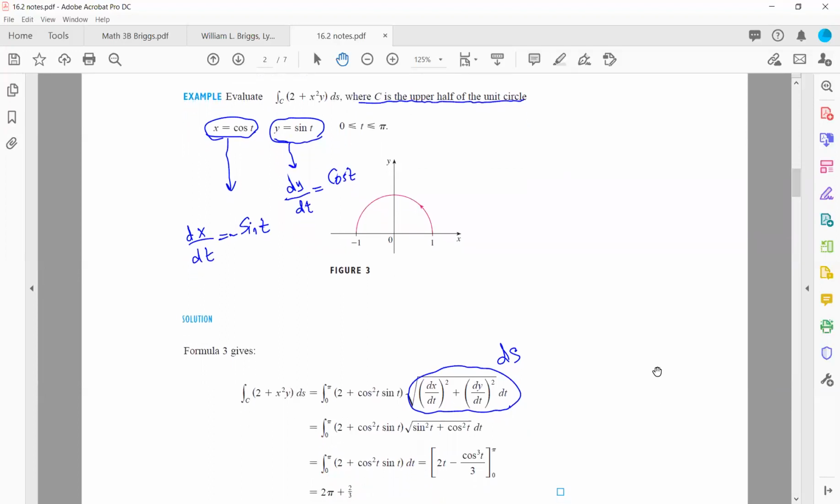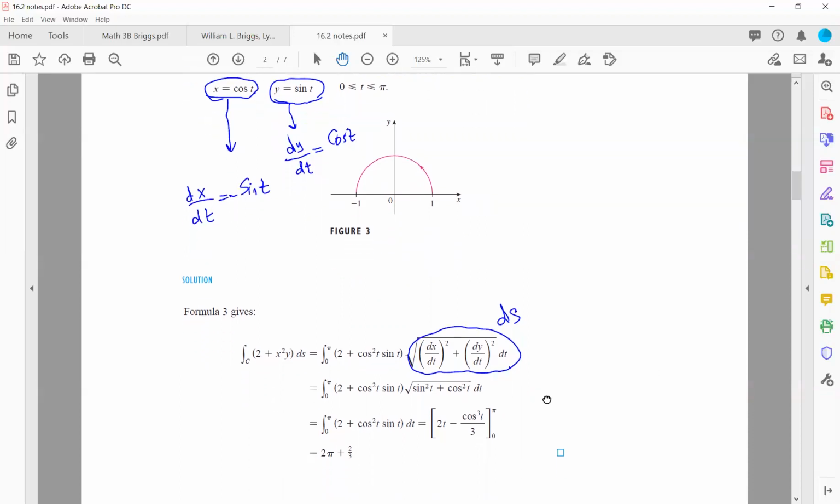Lower limit is 0, upper limit is pi, and we calculated the partial derivatives. We just substitute these here and try to simplify before taking the integral. We already know that sine squared plus cosine squared is equal to 1. The square root of 1 is 1, so you're not worried about this expression here.